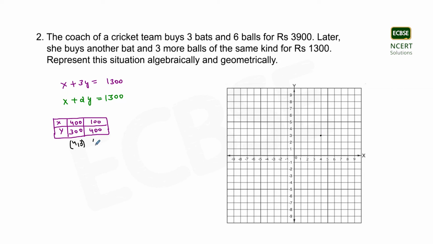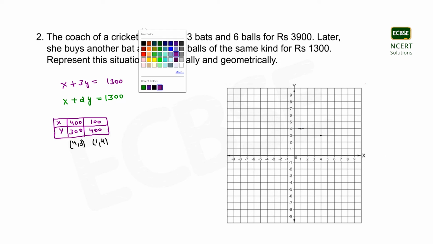And the value 100 for x and 400 for y will mean 1 and 4 in the graph. So we will mark this point as well in the graph, that is 1 for the x value and 4 for the y. So here we have obtained the 2 points in the graph which have been given in the table. Now we will be joining these 2 points with a line.